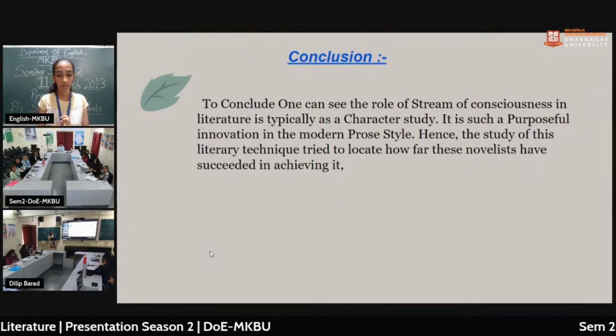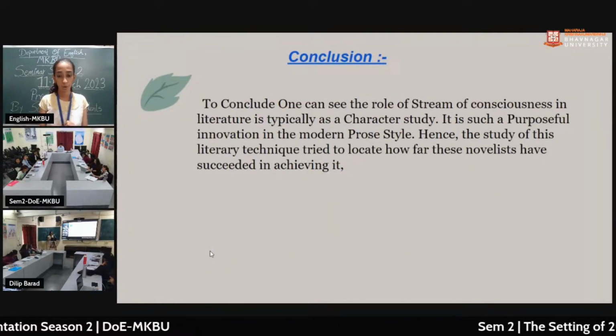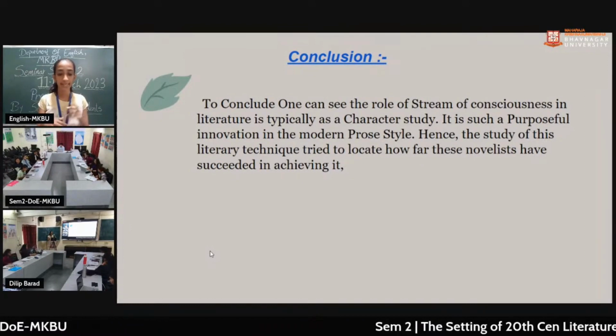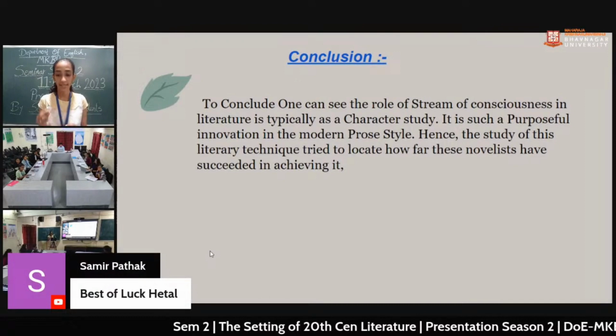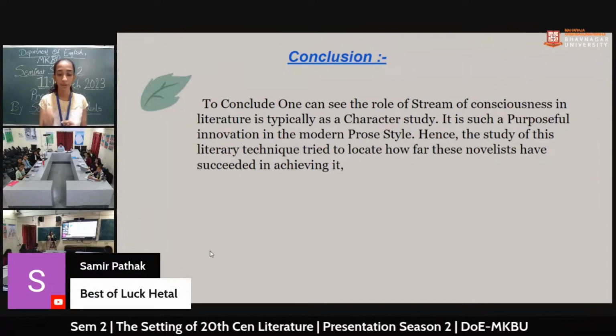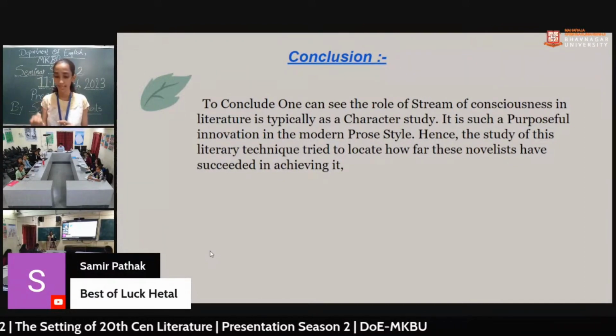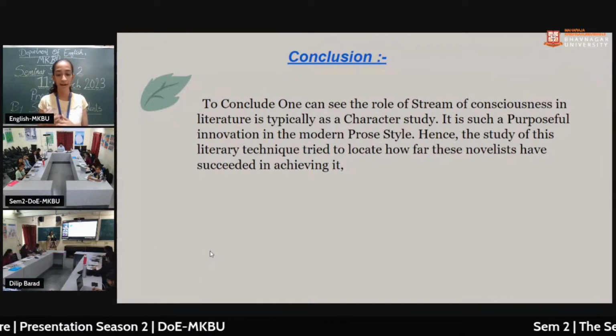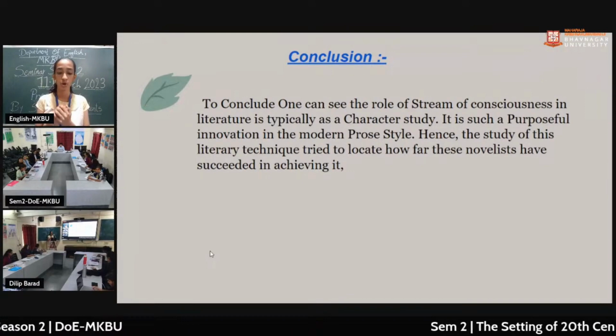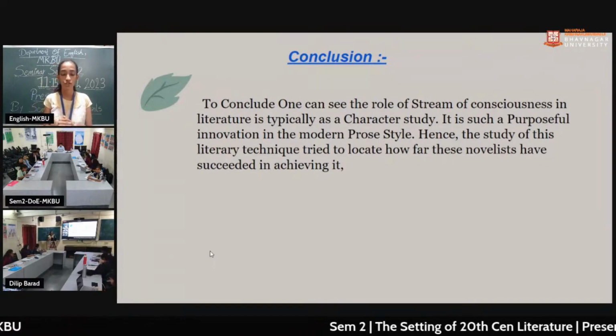Conclusion. To conclude, one can see the role of stream of consciousness in literature is typically as a character study. It is purposeful and innovative in the modern prose style. Hence, the study of this literary technique tried to locate how far these novelists have succeeded in achieving it.